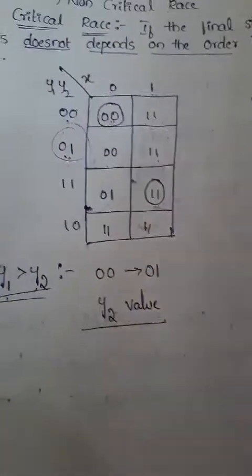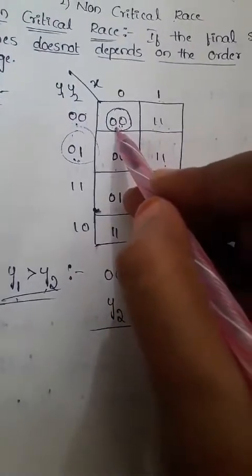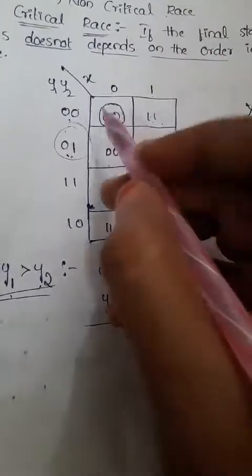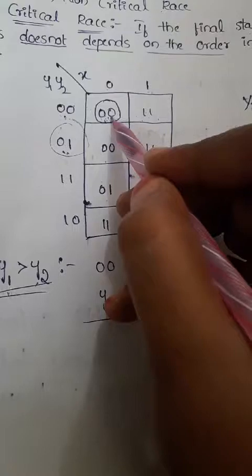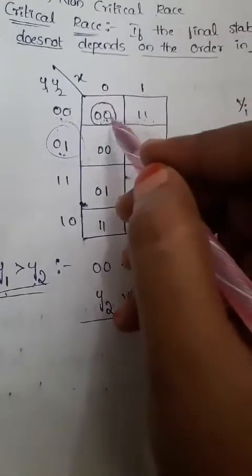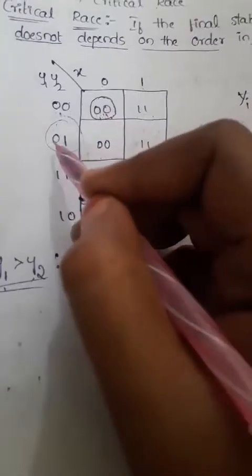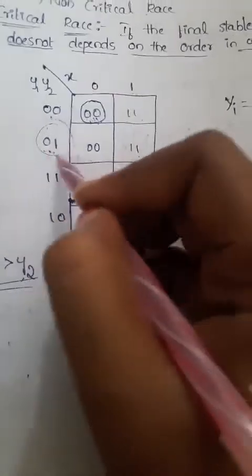Just observe here. First stage 0 0 is our stable condition, right? In the next stage, if y2 changes first, only one possibility changed here. So automatically we are getting the state as 0 1, right? After some time, directly this 0 0 state is converted to 0 1 as the present state.